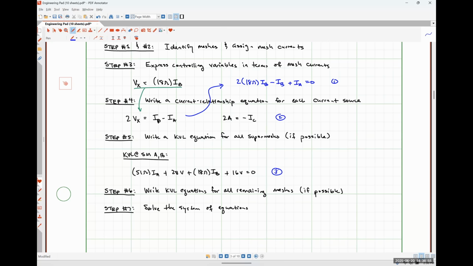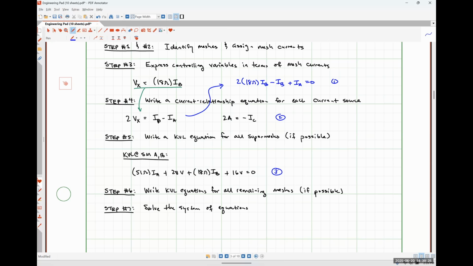In my first equation, my coefficient for IA is positive 1, and my coefficient for IB is going to be 2 times 18 minus 1. My coefficient for IC is going to be 0, and my constant term is 0. In my second equation, my coefficient for IA is 0, my coefficient for IB is 0, my coefficient for IC is negative 1, and my constant term is 2.